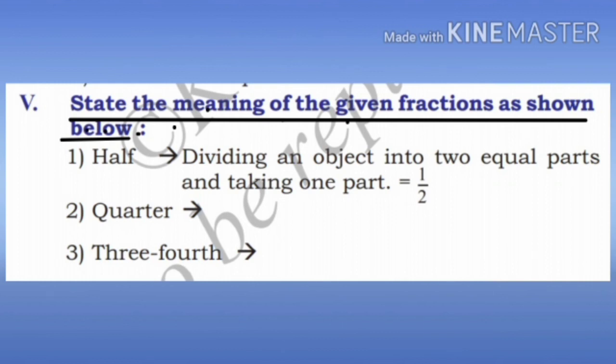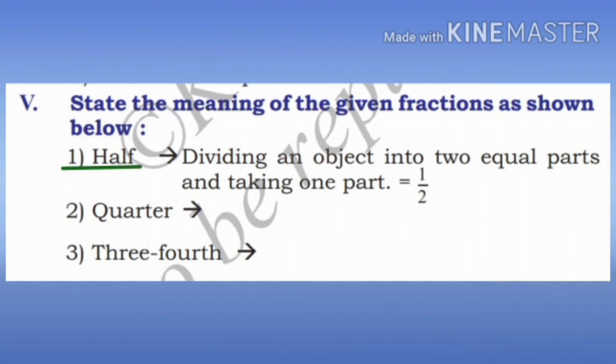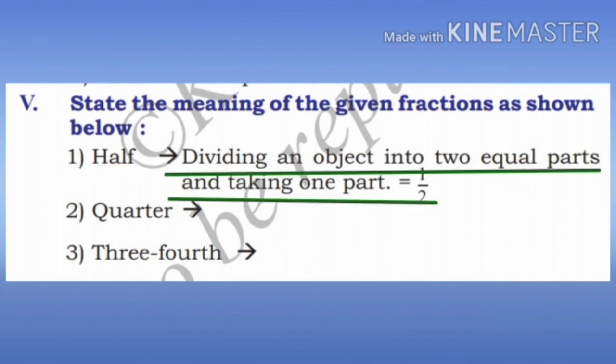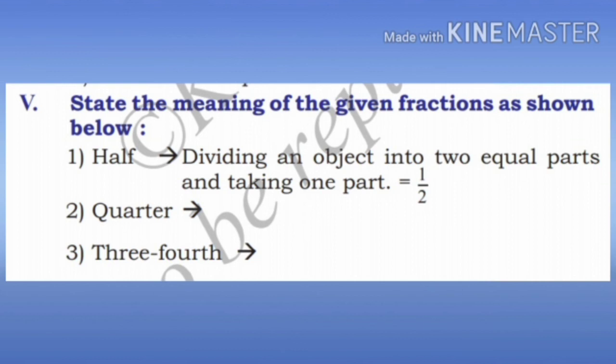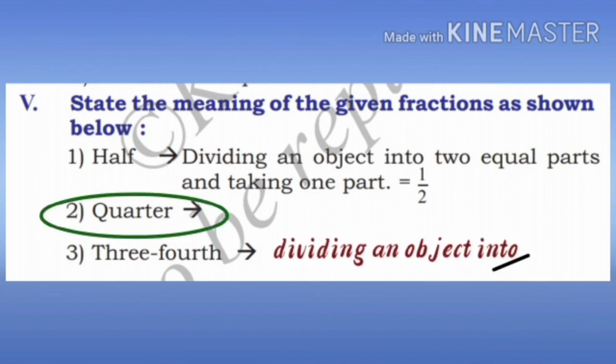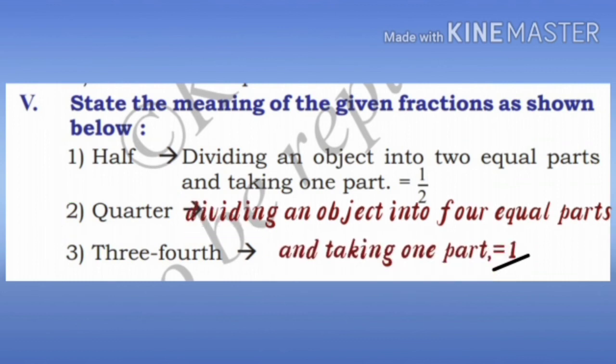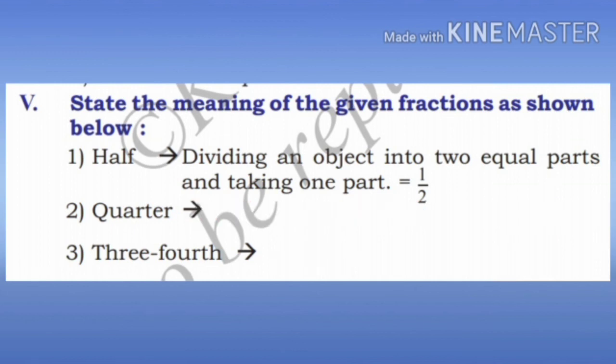First one, half. Observe here. Dividing an object into two equal parts and taking one part. 1 by 2. Now, second one, quarter. So we write dividing an object into 4 equal parts and taking one part, 1 by 4.